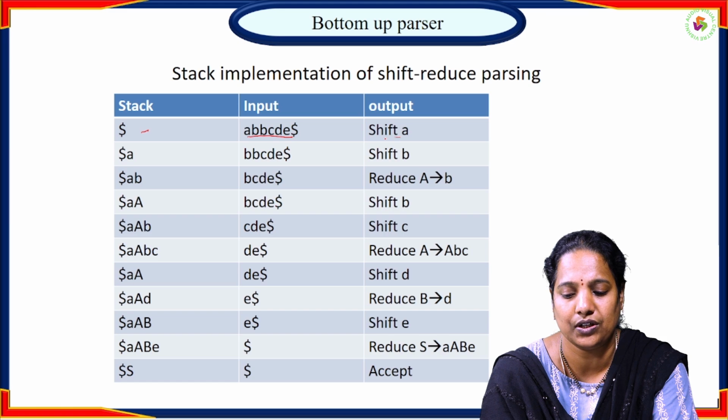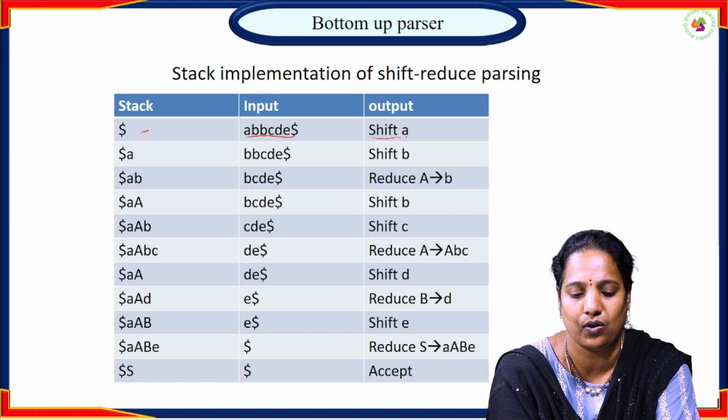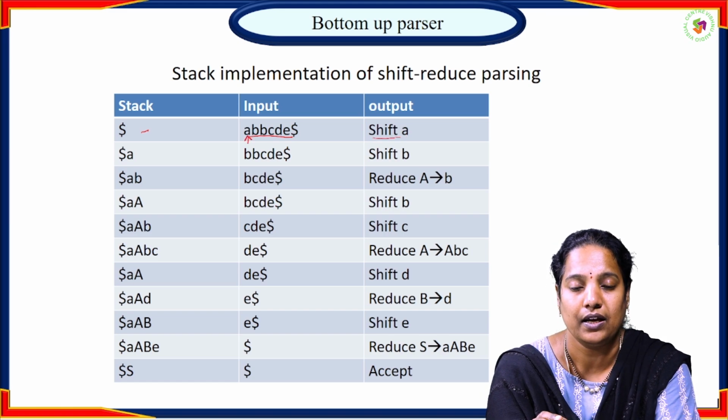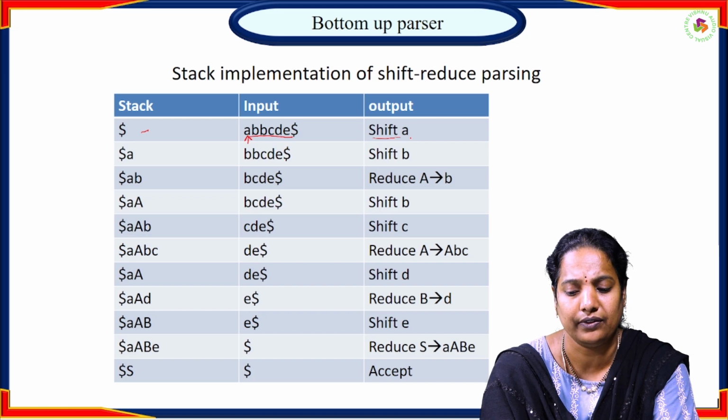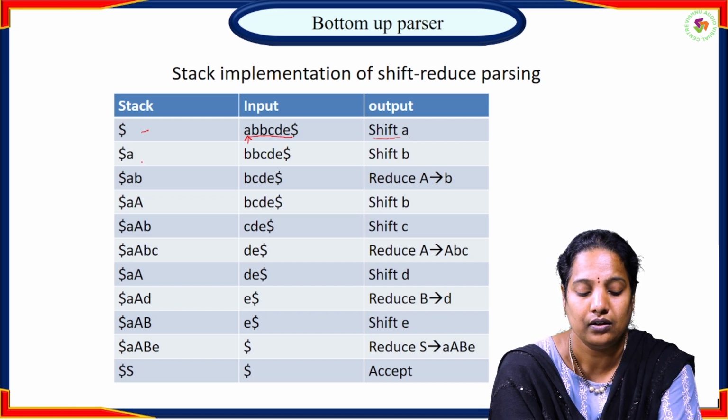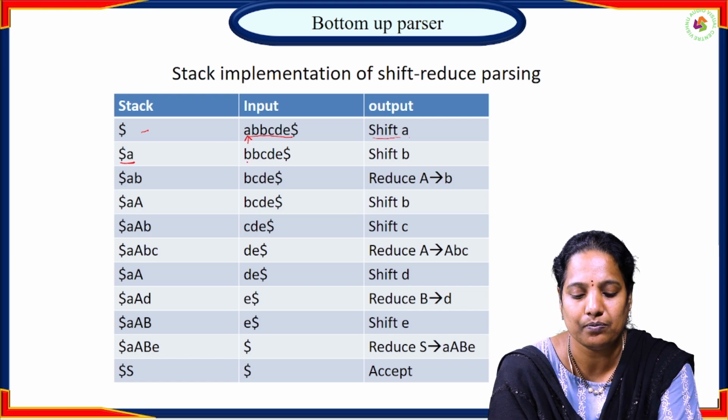Initially we need to shift the current input symbol. The current input symbol here is A, which we shift onto the stack. Then the stack contents become dollar followed by A, and the remaining input symbols are B, B, C, D, E, dollar.